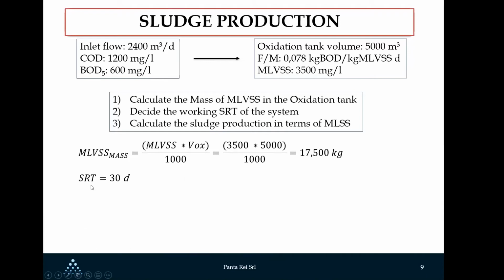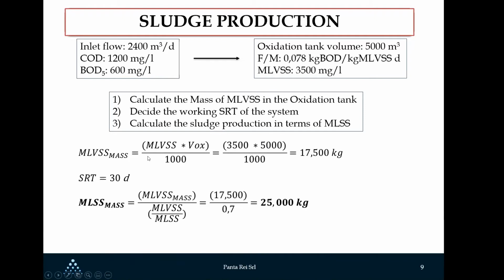Considering a sludge retention time of 30 days, which is a decision of the process engineer, we can calculate, first of all, the mass in terms of MLSS. Starting from the first value, which is the mass of volatile solids, and considering the ratio MLVSS to MLSS of 0.7, we can calculate the kilograms of MLSS inside the oxidation tank.